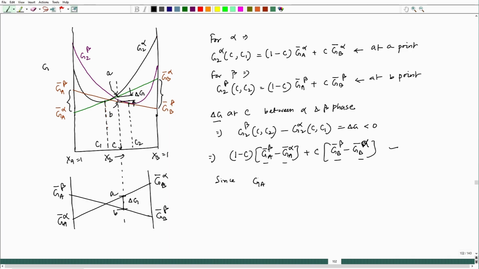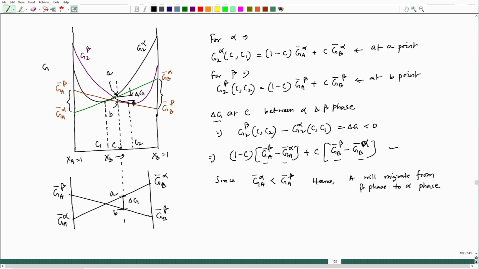So, migration would be like this. Since G A alpha is less than G A beta, hence A will migrate from beta phase to alpha phase.